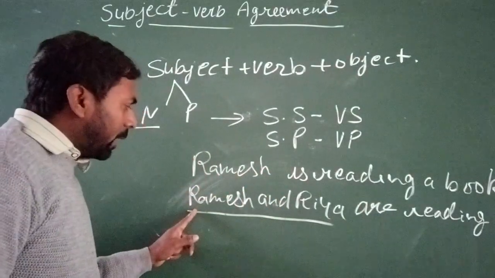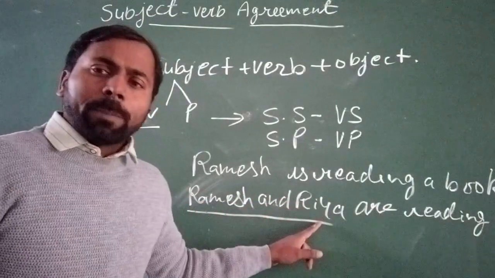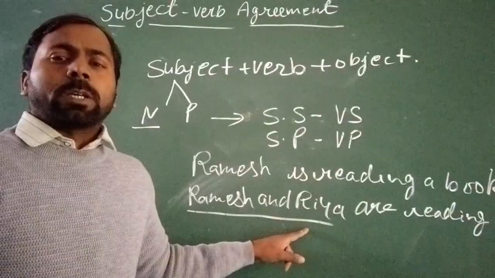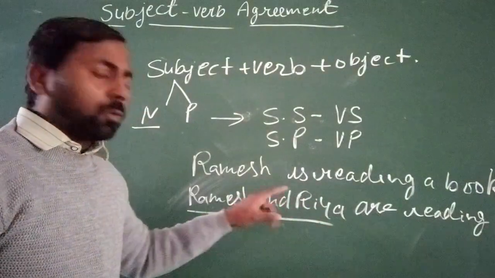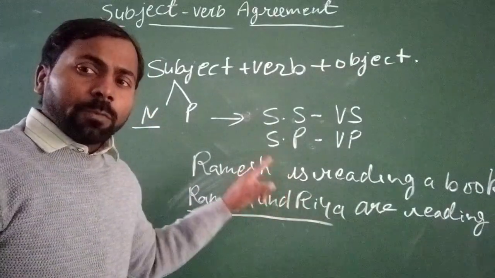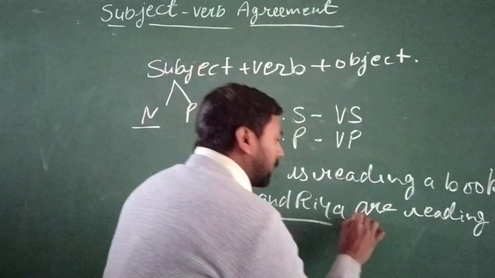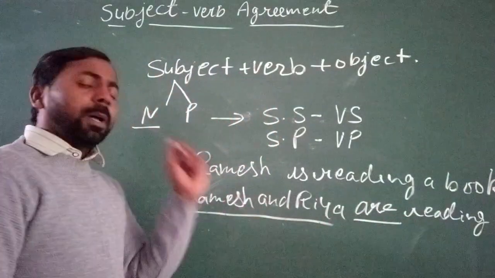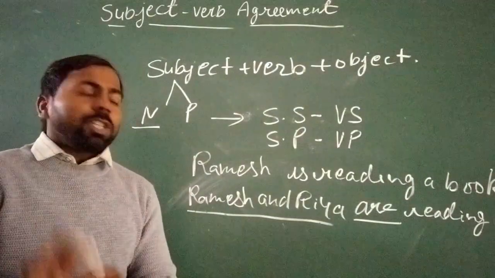In the second sentence, Ramesh and Riya are not a single person. They are different persons, which means there are two persons. So if the subject has two persons, then we cannot use "is"; we can use only "are". Why? Because "are" refers to a plural subject. Okay, it's clear. So this is the manner.